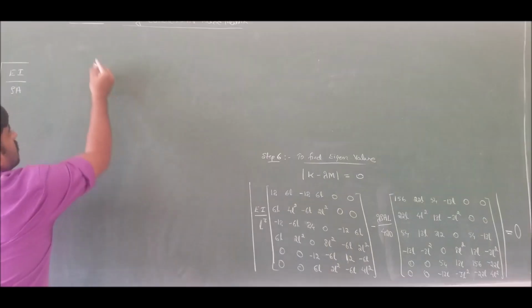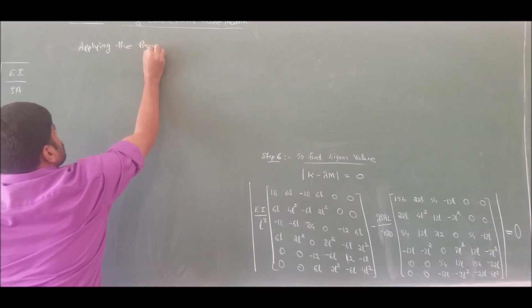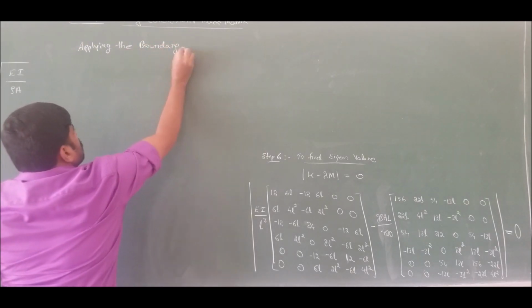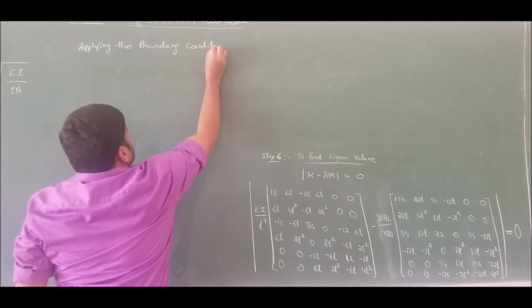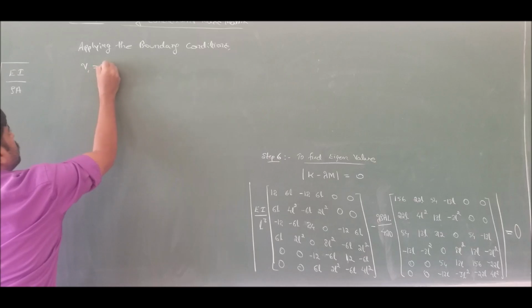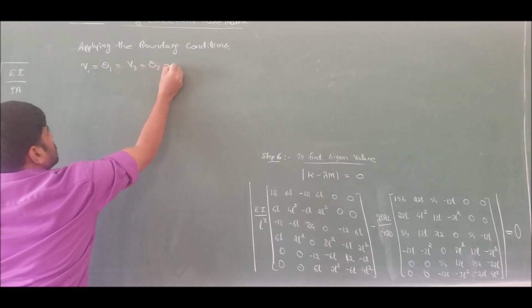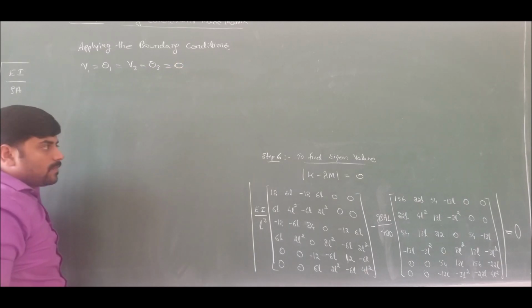So that is applying the boundary condition for step 6. Applying the boundary conditions, that is V1, theta 1, V3, theta 3 are all equal to 0.